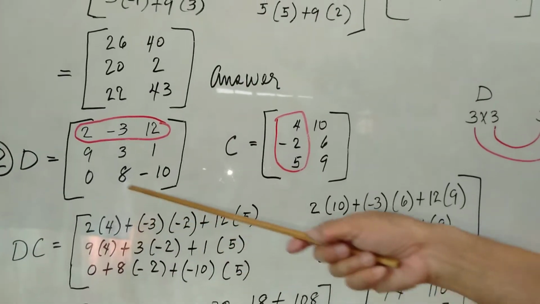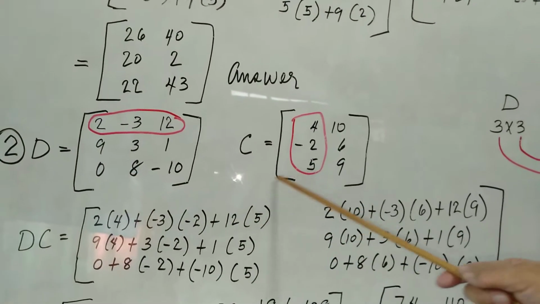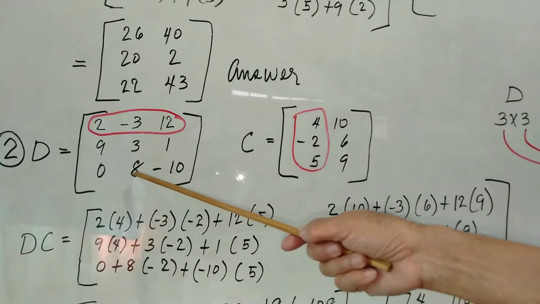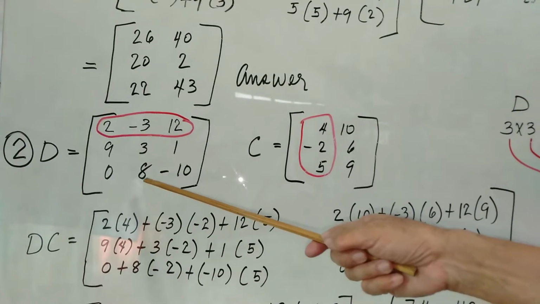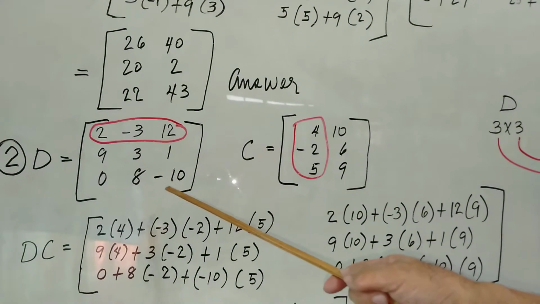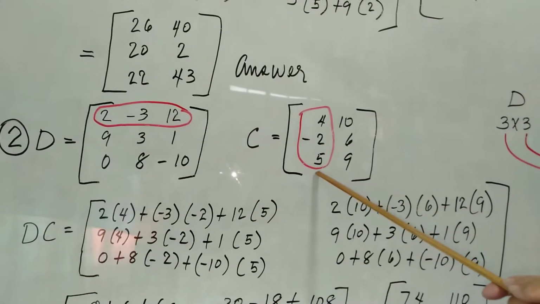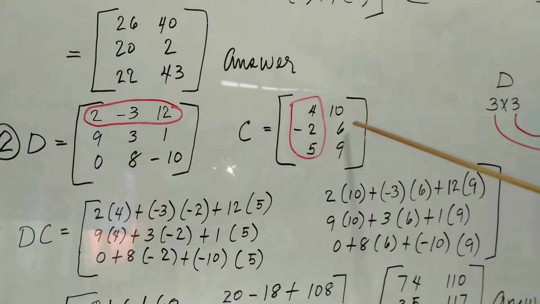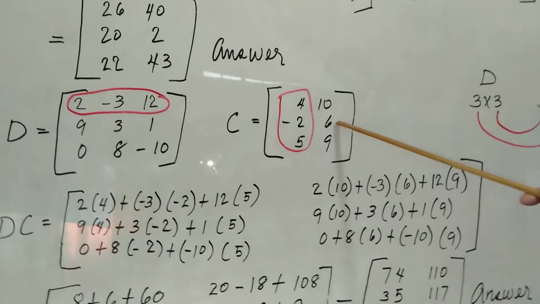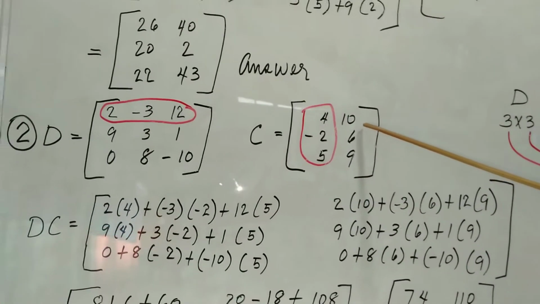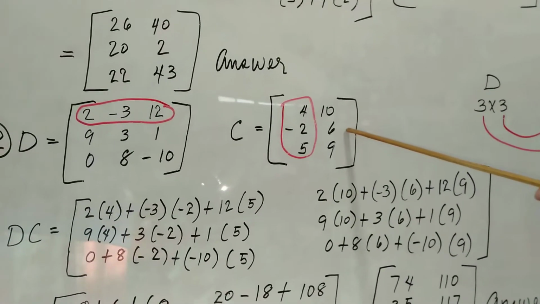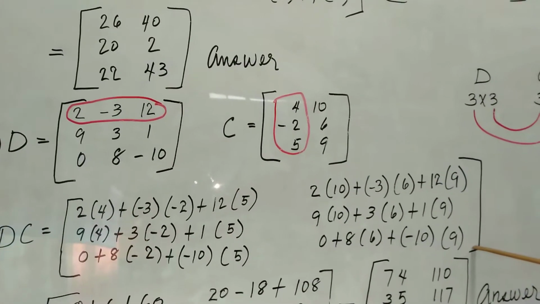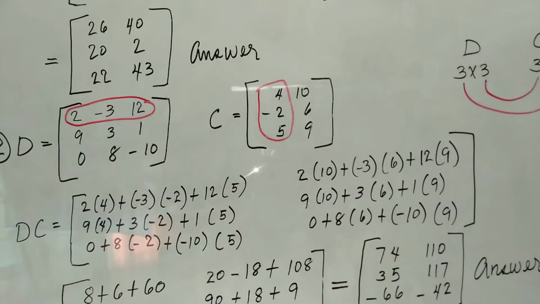For the last row: 0 times 4, 8 times negative 2, and negative 10 times 5. For the second column: 0 times 10, 8 times 6, and negative 10 times 9.